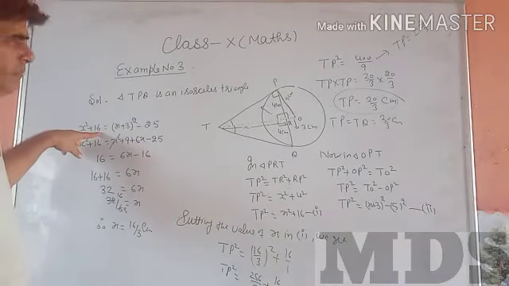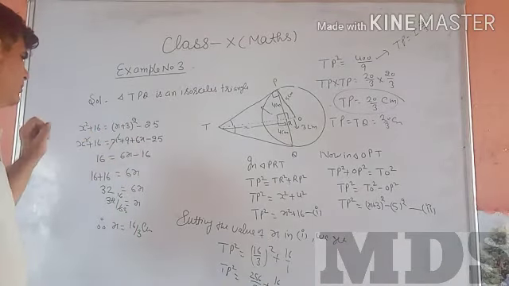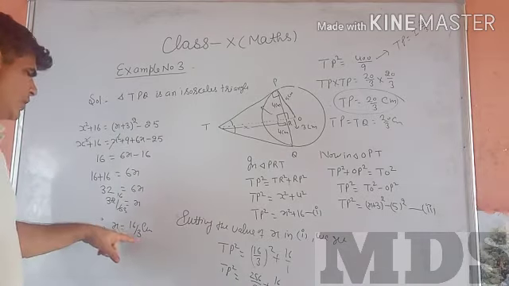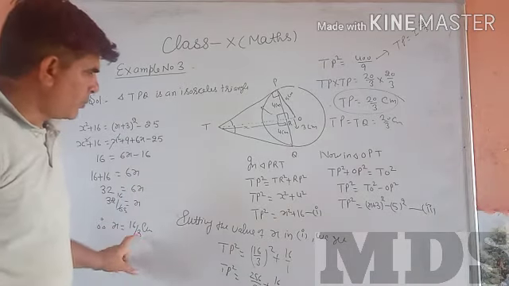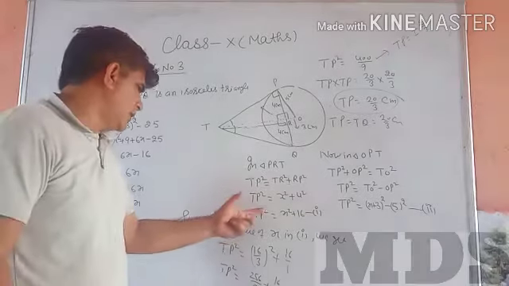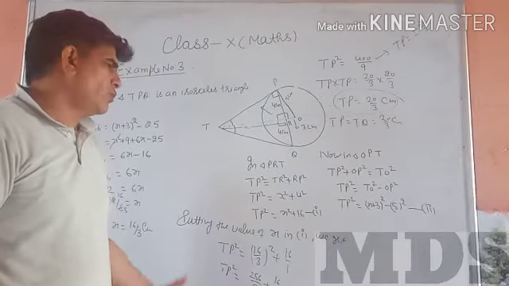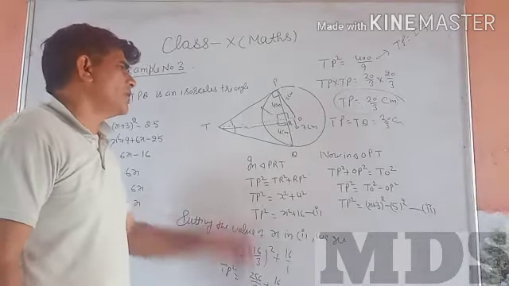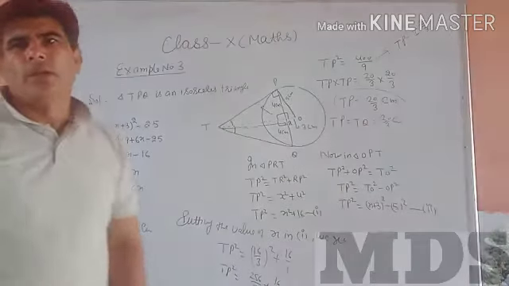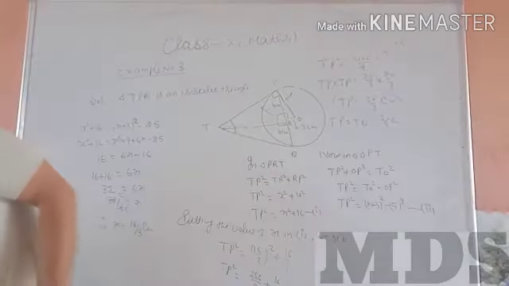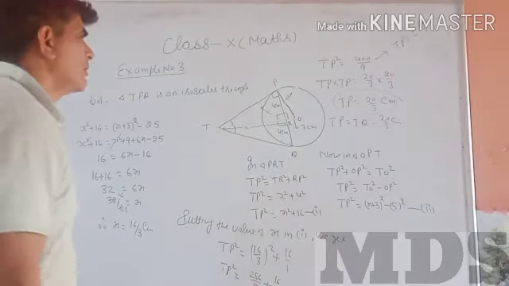Solve it. So what's coming? x value is 16 by 3. Putting the value of x as 16 by 3 in either the first or second, find the value of TP, which is equal to TQ. This is one method, using the Pythagoras theorem.